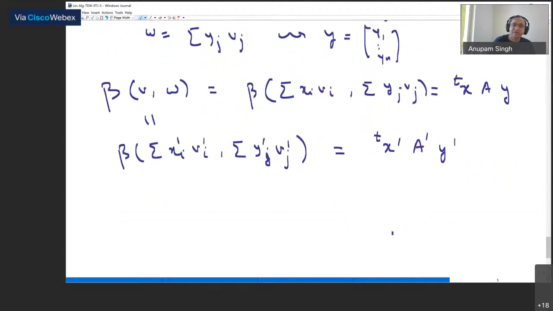But we know that we have two different bases for the same vector space, so I can go from one coordinate system to another. That is called base change.